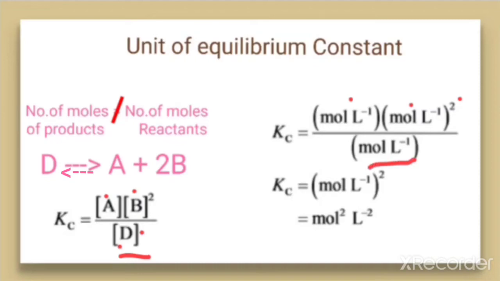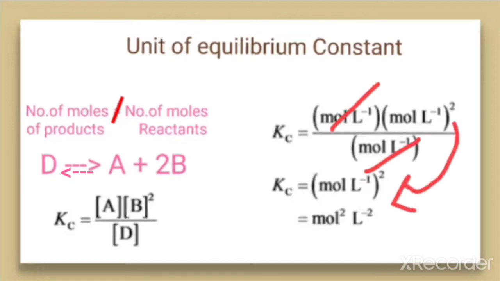So when you do the calculation, the terms cancel out, and what we get here is the unit mole per liter square, that is mole square liter minus 2.